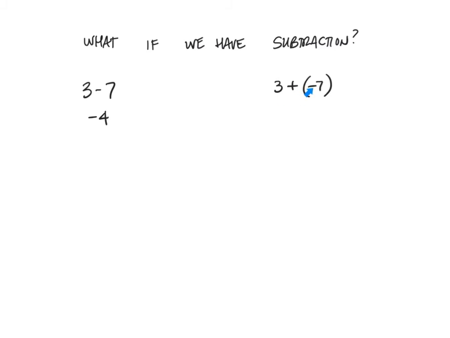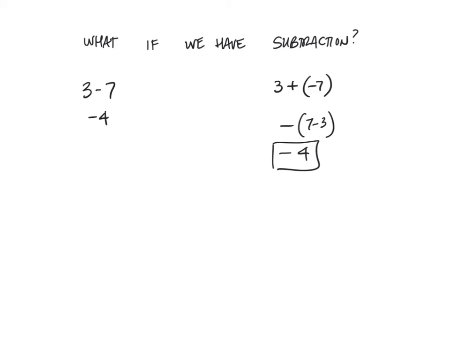This one's a positive, this one's a negative, and the number that has the larger absolute value is the negative 7. So I'm going to take the sign from that. So I know that my answer is going to be a negative, and then I can just now subtract the smaller absolute value from the greater. And so that's going to be 7 minus 3, and that will give me a negative 4. So that is our solution there.